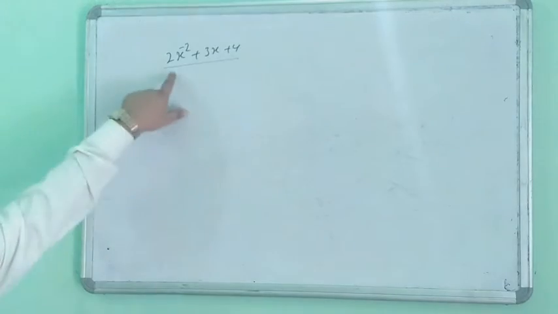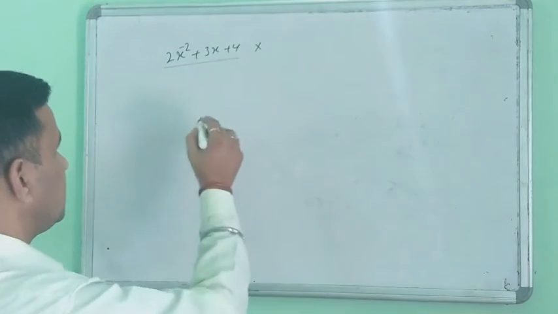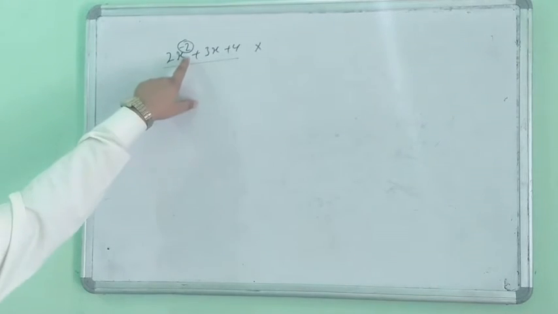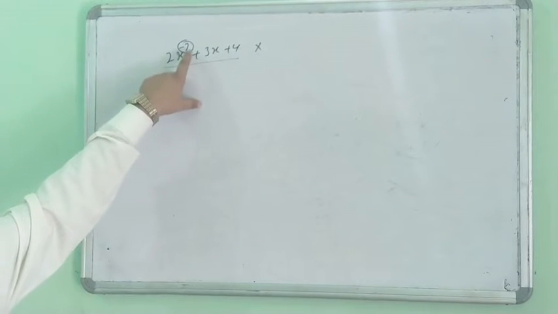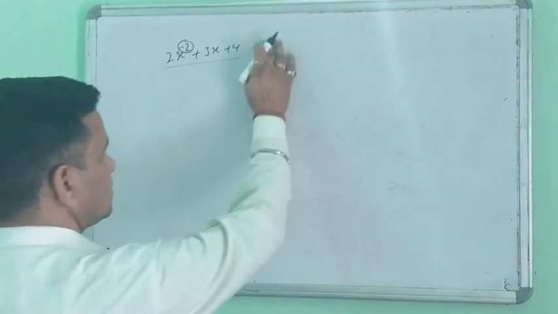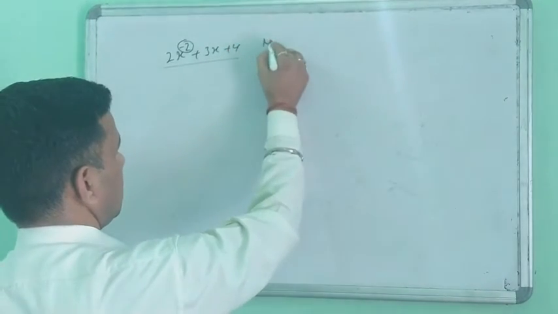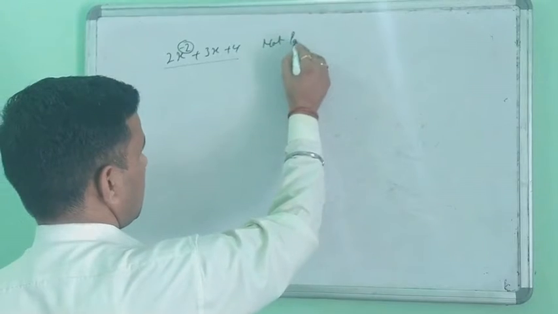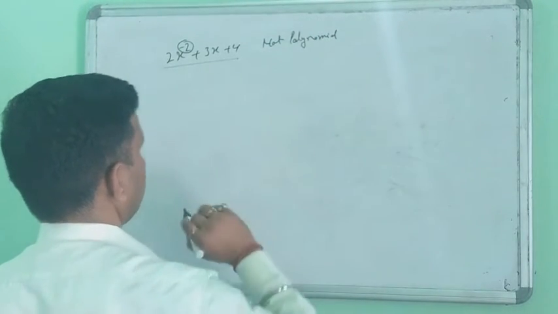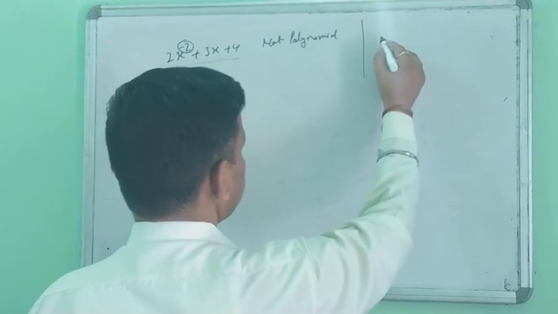But this is not a polynomial because there are negative integers here. Suppose any expression has a negative integer exponent, then this is not a polynomial. So this one is not a polynomial. What is the right condition here?